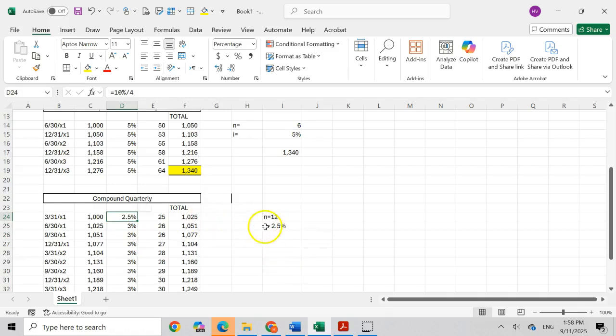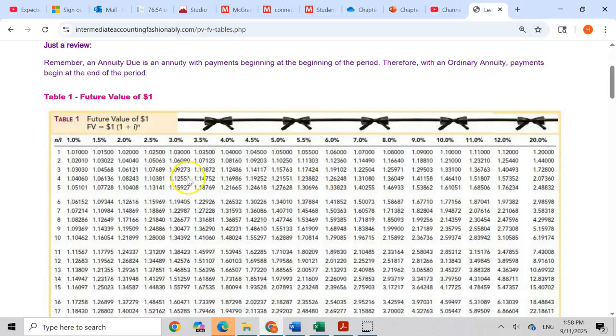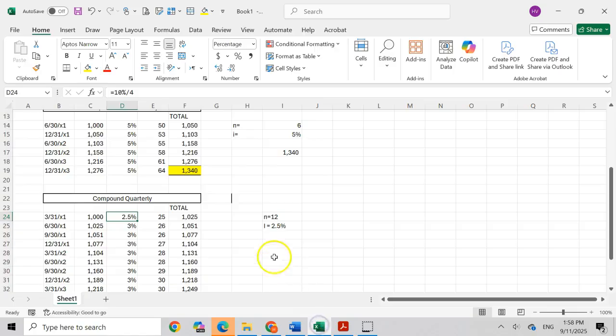So let's just see. My n equals 12, i equals 2.5. Let's go to my table. N equals 12, so I go right down here, and my interest is 2.5. So my factor is 1.34489.